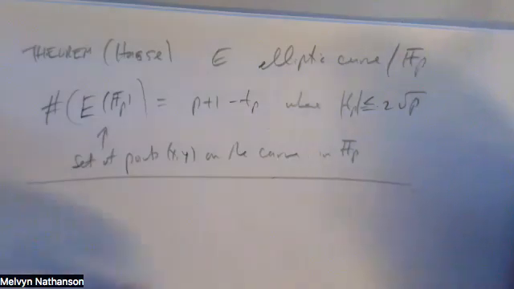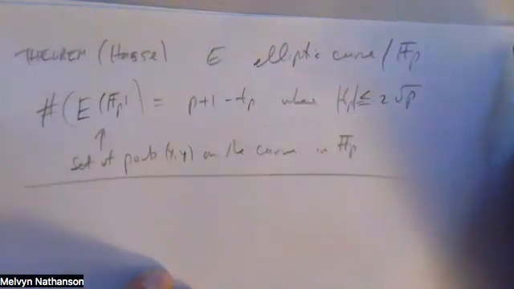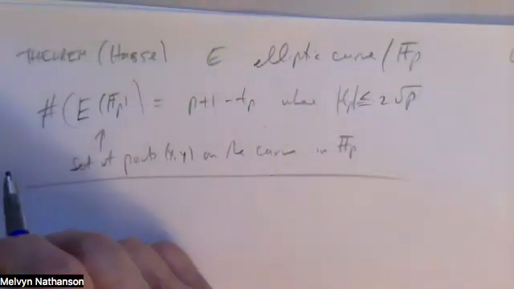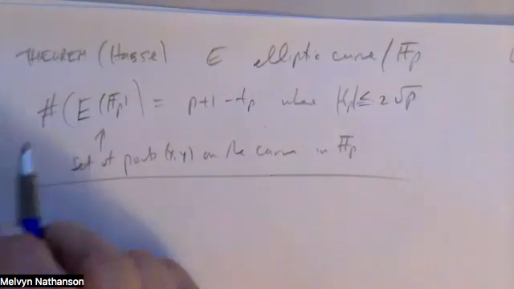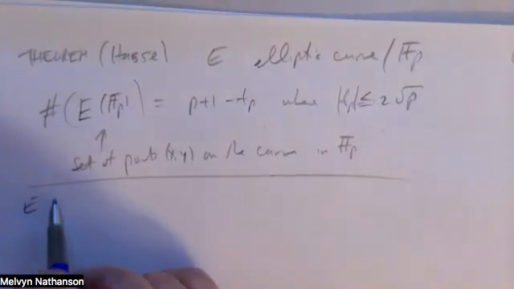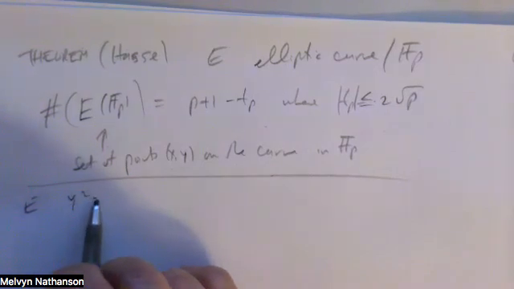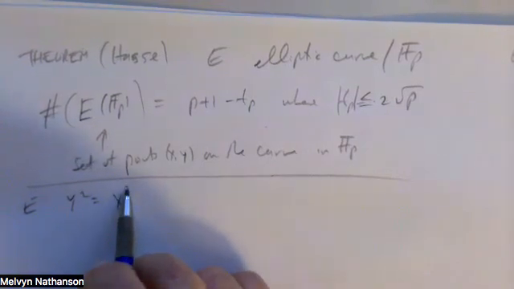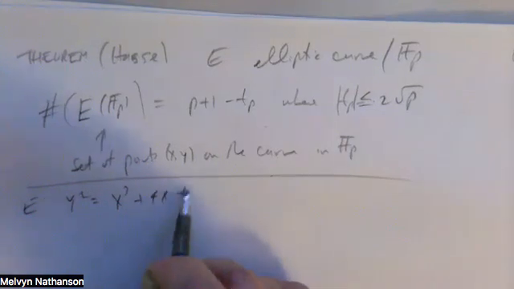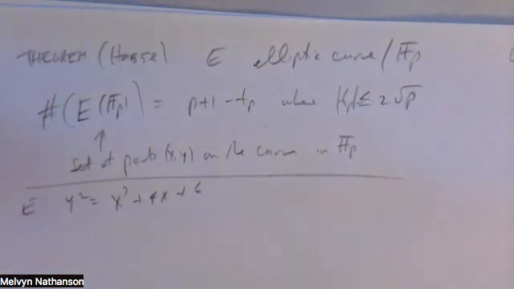Let's try and do a calculation, because this is really a kind of mathematics that you have almost certainly never seen before. Suppose I take the elliptic curve y squared equals x cubed plus 4x plus 6.